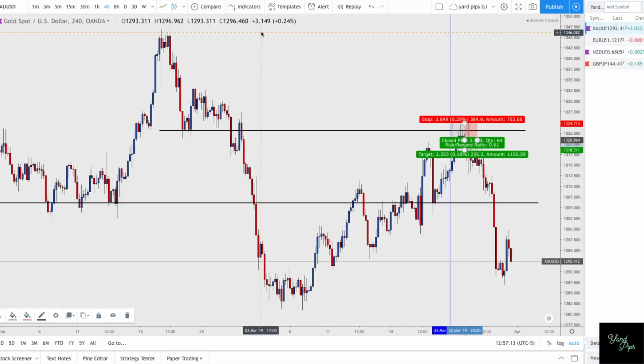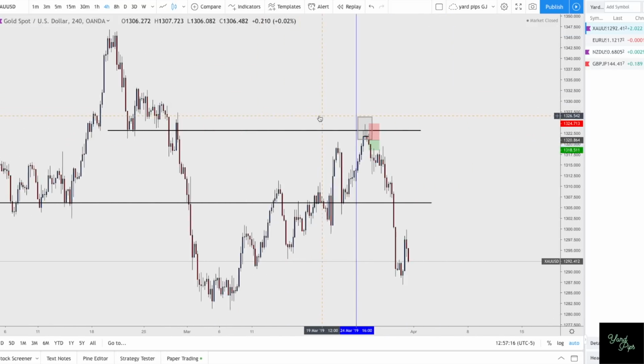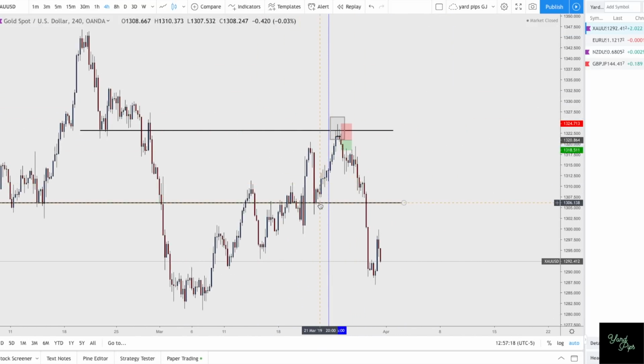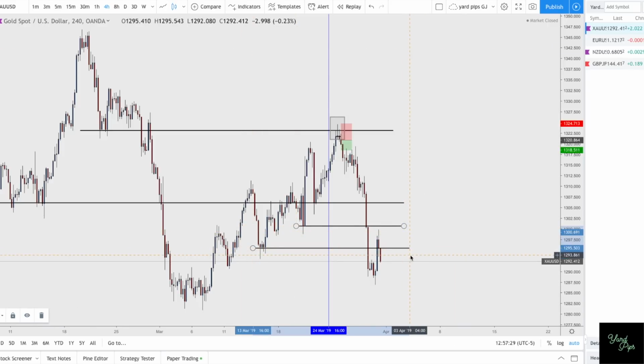Selling off this specific level in the market, we would look to take profits either here, here, or here.